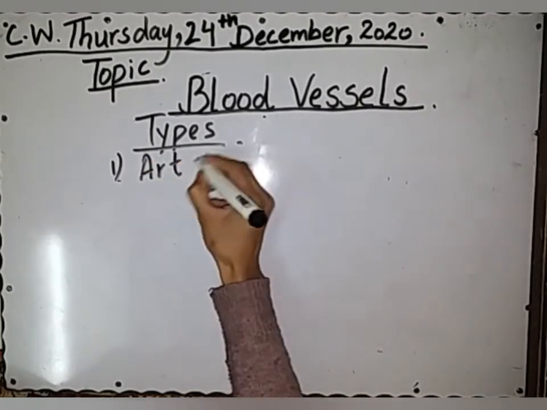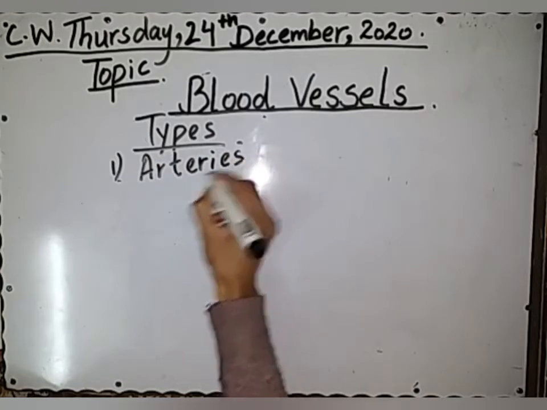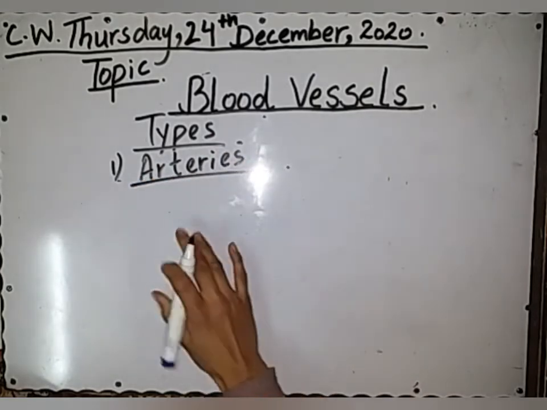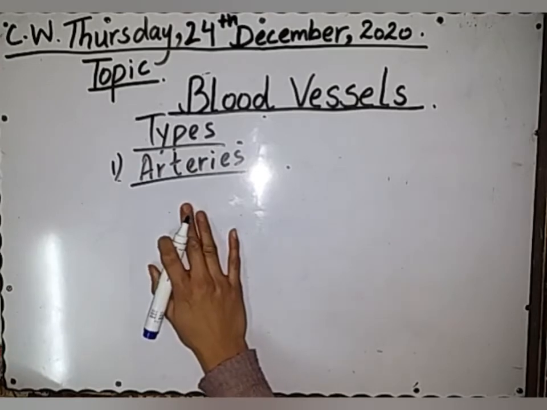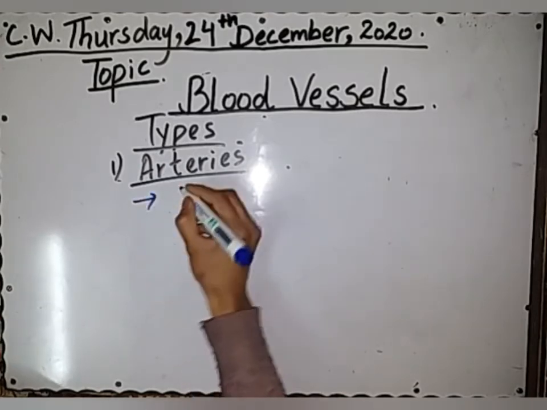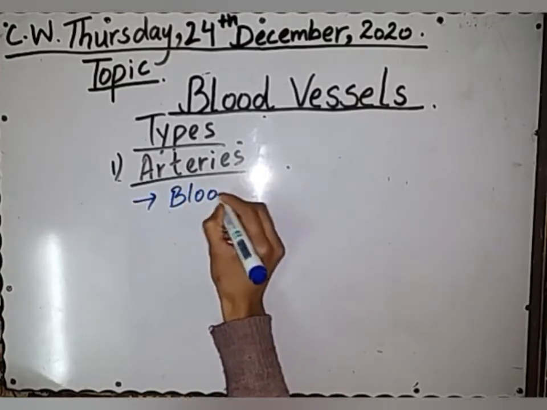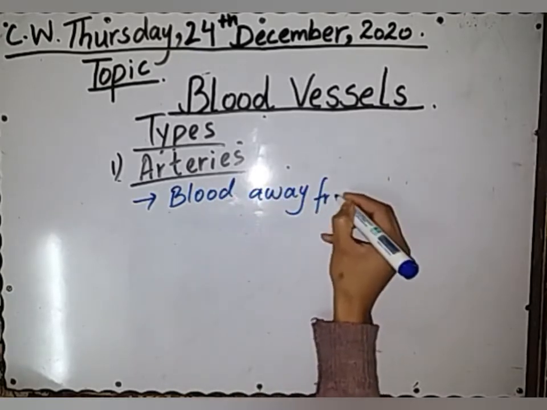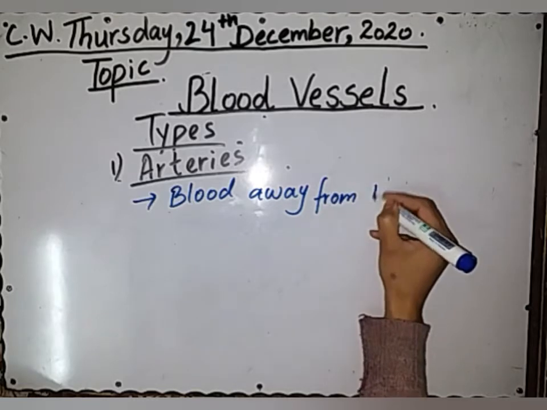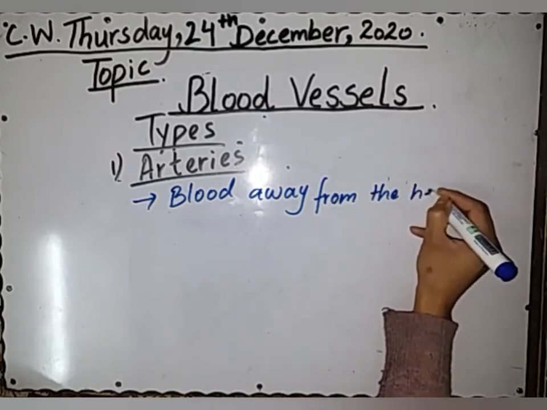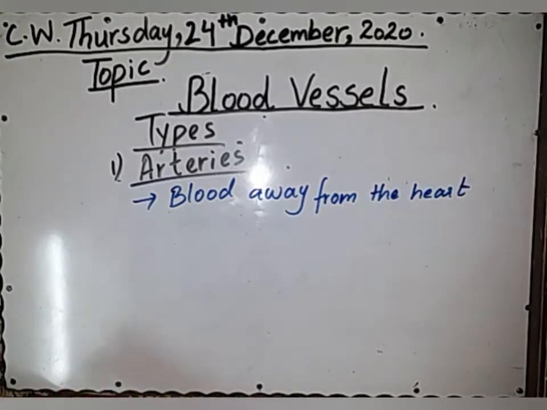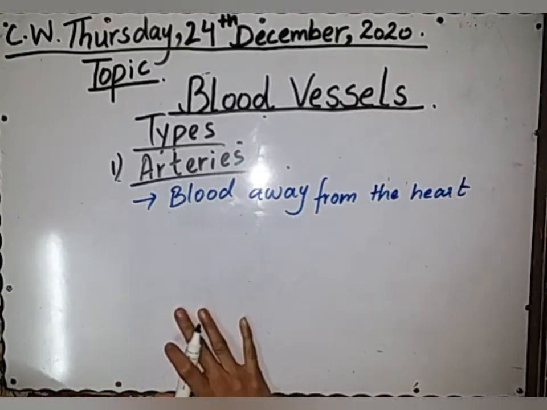First is arteries. Students, arteries are the blood vessels that carry blood away from the heart to the body. So, these vessels supply blood away from the heart to all parts of the body.